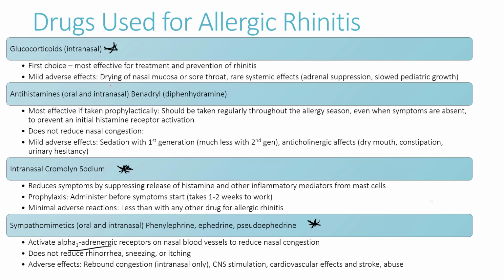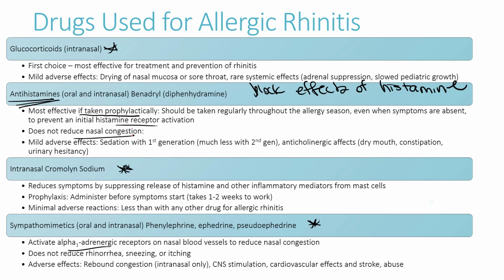All right, so the first one that's different are antihistamines. So antihistamines basically block the effects of histamine. And you can see here it doesn't reduce nasal congestion and is effective if taken prophylactically. So if taken before the allergy symptoms, and should be taken regularly throughout the allergy season, so that it can actually prevent histamine receptor activation.